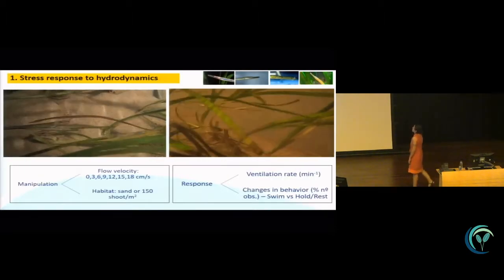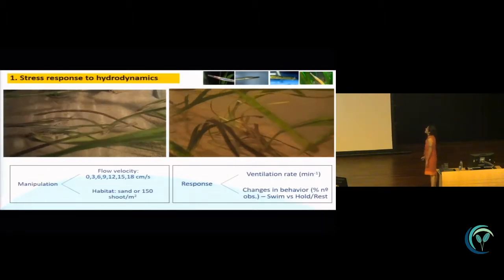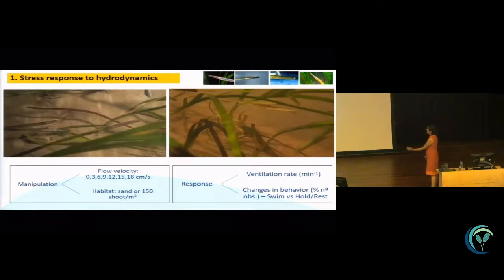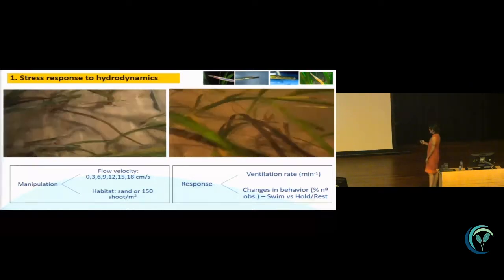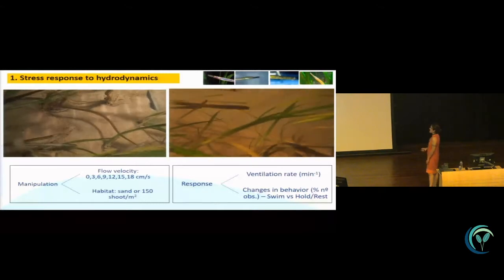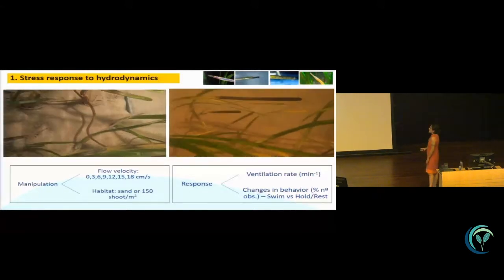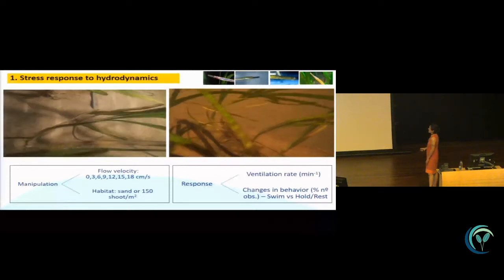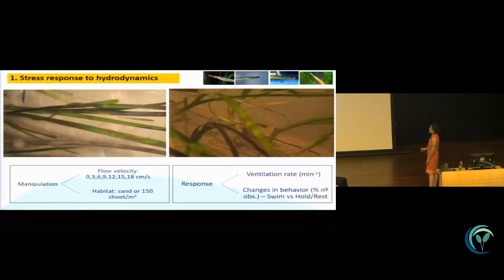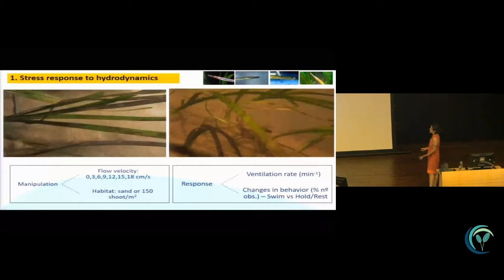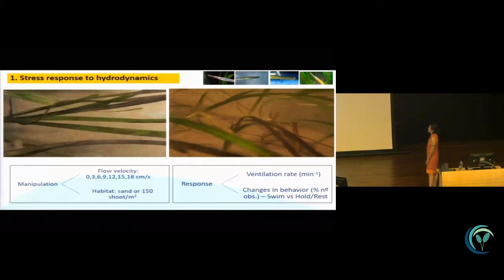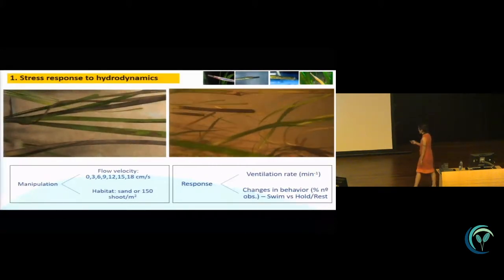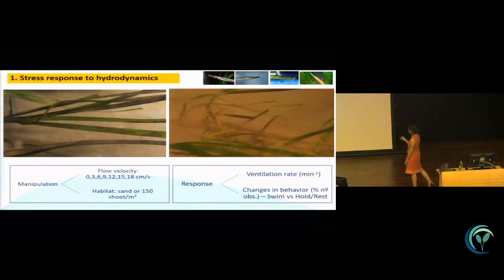So for the first experimental approach, we manipulated 7 different velocities. And we did it on 2 different substrates, one independent experiment with sand and another one with a substrate of eelgrass at a density of 150 shoots per square meter.